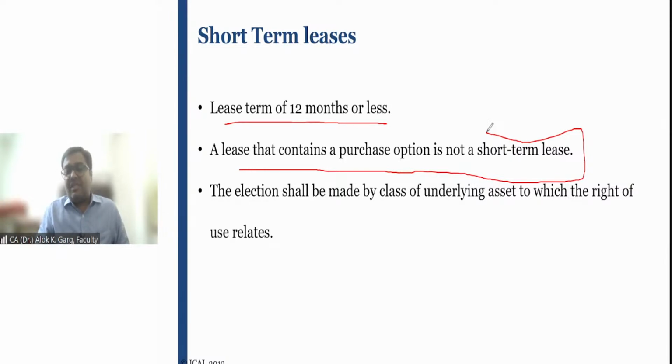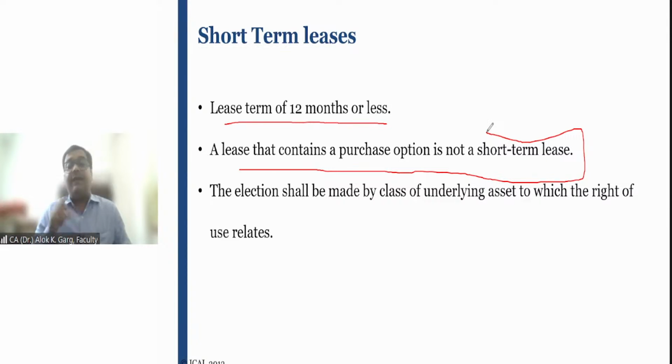The election shall be made by class of underlying asset to which the right of use relates. Sir, let's say I want to avail this exemption. Let's say car. I have 5 cars which I have taken on a lease basis, and the lease terms of these cars are 10 months, 11 months, and 12 months. 2 cars are on 10 months, 2 cars are on 11 months, and 1 car is on 12 months.